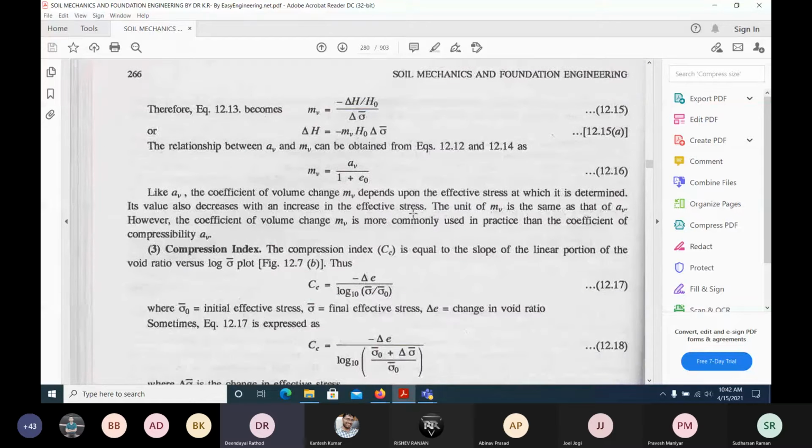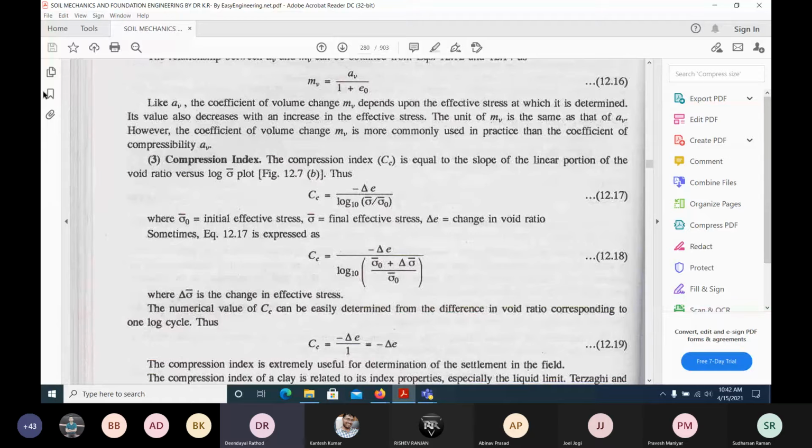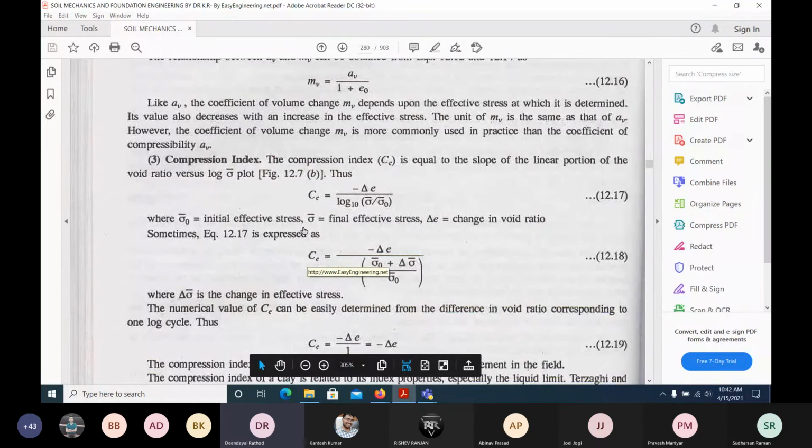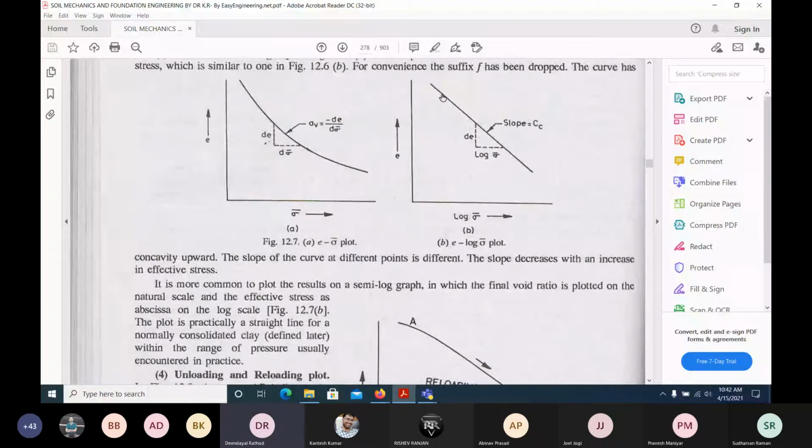Now, the compression index. The compression index Cc is equal to the slope of the linear portion of the void ratio versus log P curve. Here, this one is the compression index Cc. For our convenience we made it like a straight line.